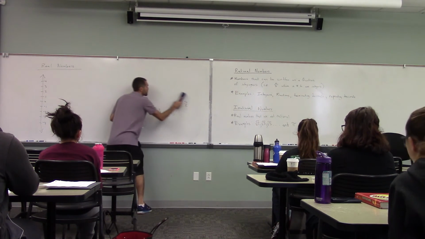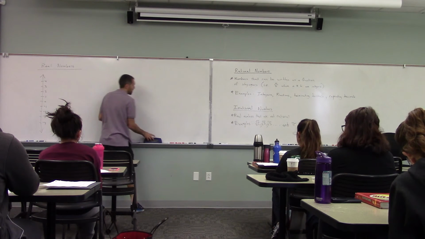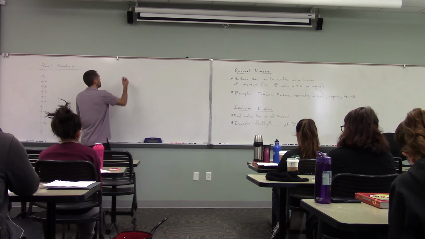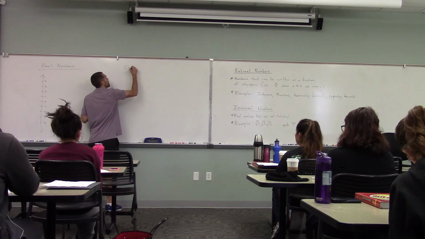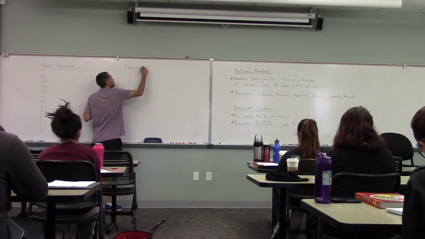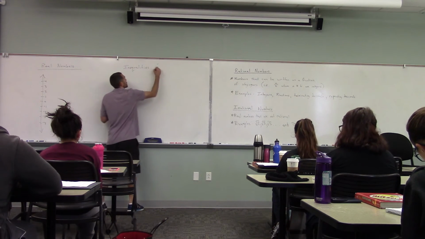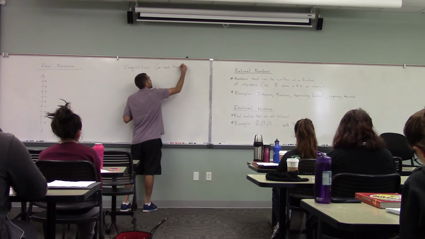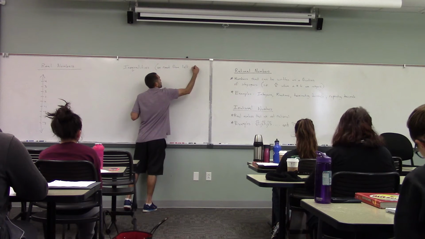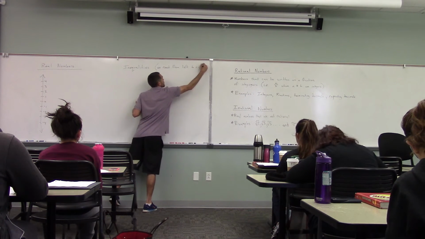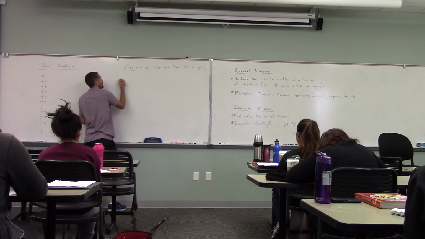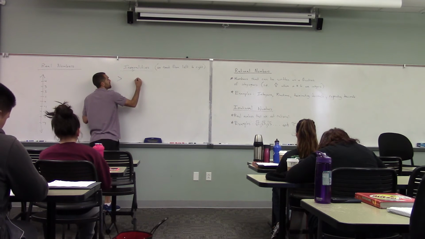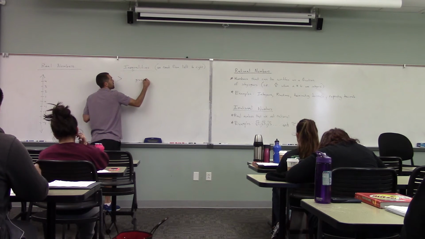To compare numbers, we use inequalities and equalities. I mean, you can always say something's equal. The inequalities as read from left to right go like this. This means greater than.